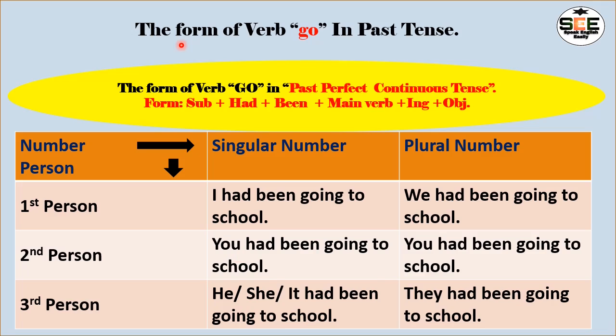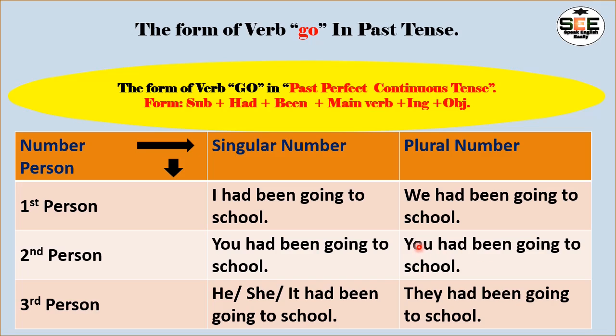Here you is the subject and had is the helping verb, been is the be verb's past participle form, and go is the main verb, and ing is the continuous form, and school is the object. So we can say you had been going to school, and the same sentence in plural number also, you had been going to school, right?